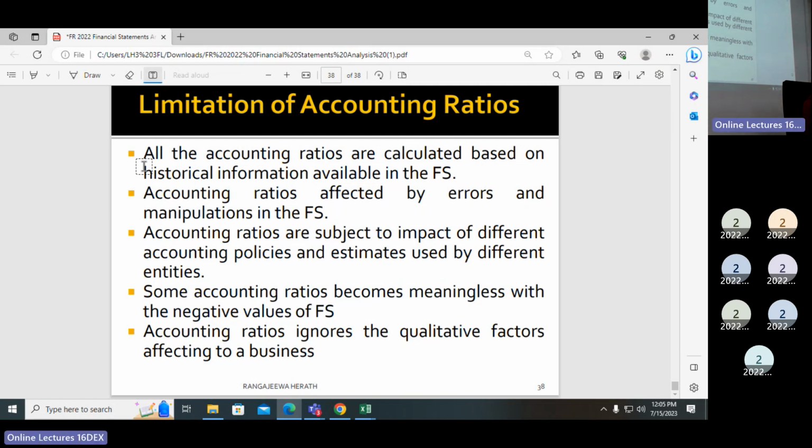For a similar type of motor vehicle, one business depreciates over 5 years, the other business over 10 years. Possible. Right? One business measures closing inventory, the cost of closing inventory, based on the FIFO method, the other business on weighted average cost. That will affect the profit and the closing inventory value. Likewise, different accounting policies and estimates will affect the accounting ratios. So that will reduce the comparability of these ratios.